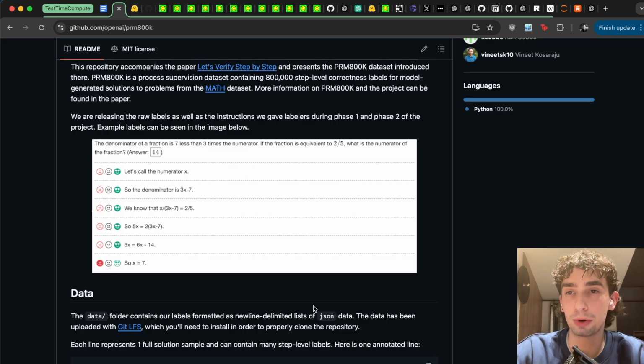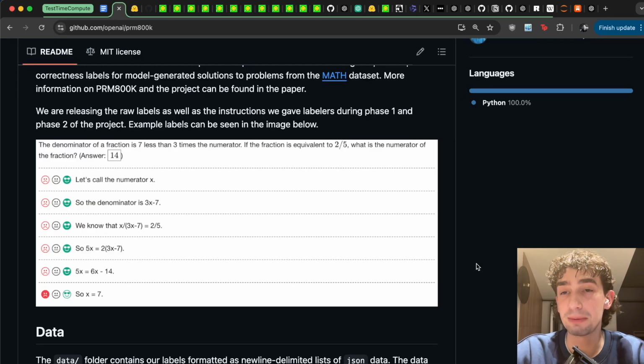The outcome reward model is going to be trained on the full step-by-step solution for a math problem, and then be able to accurately state whether or not the final answer is true or false. And then the process reward model is going to be trained on labeled steps for the entire solution, where each step is labeled as positive, negative, or neutral in this case from their original data set.